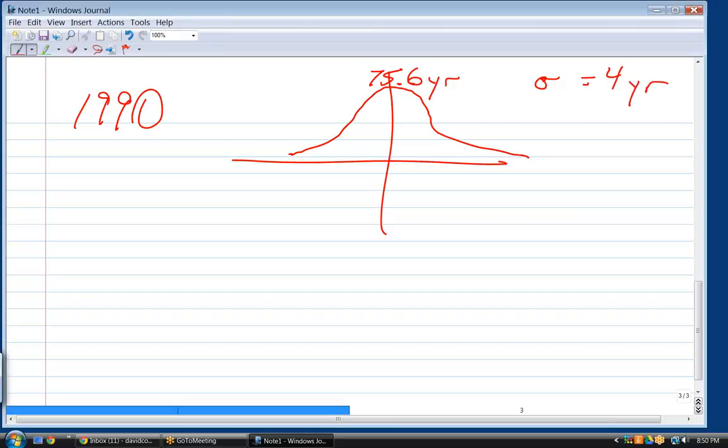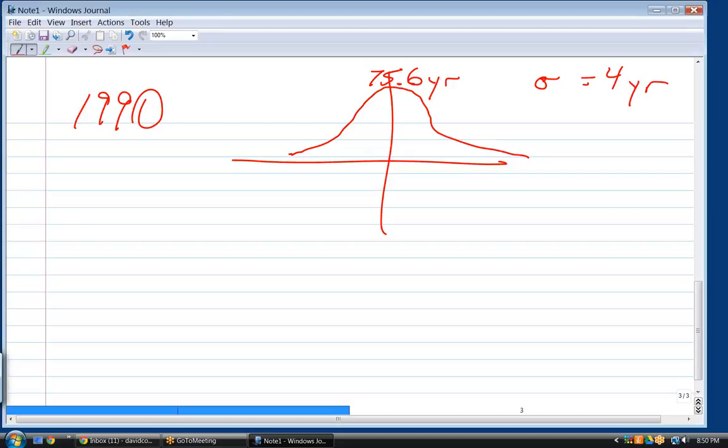Yeah, 75.6. You're going to say, what are the odds of somebody living to be 79? It says determine the probability of a baby born in 1990 living for longer than 79.6 years.